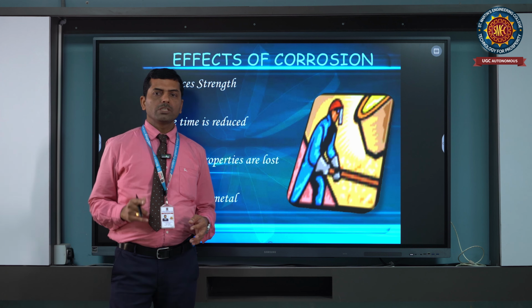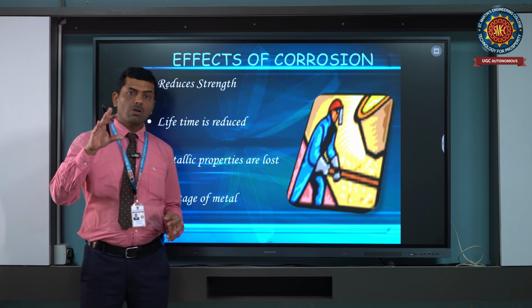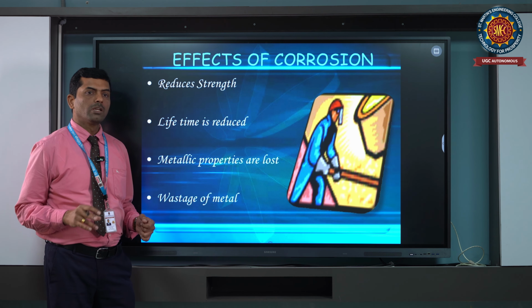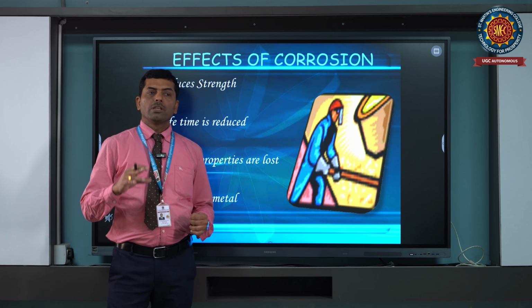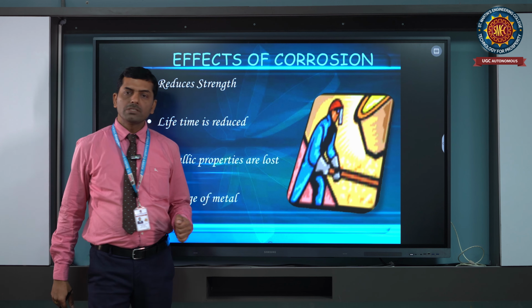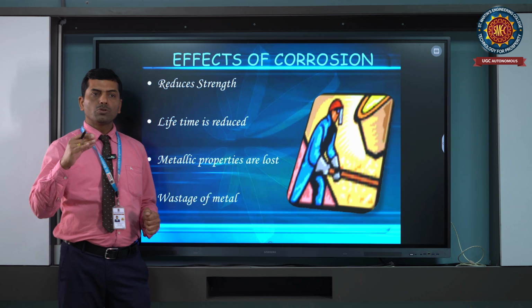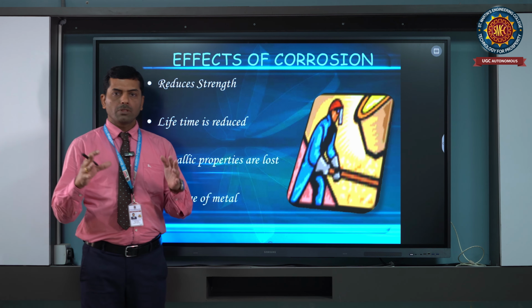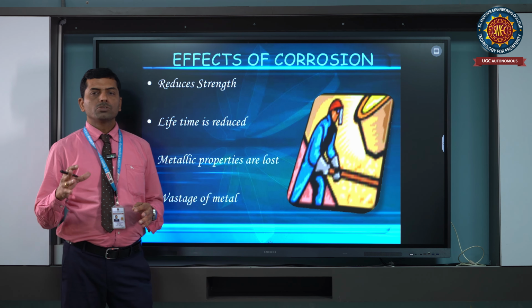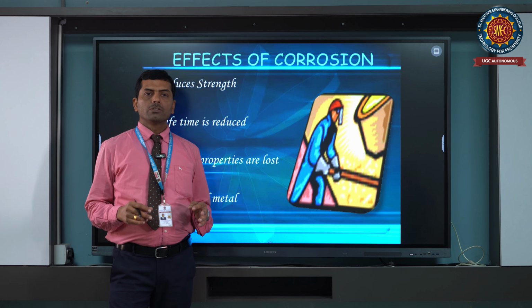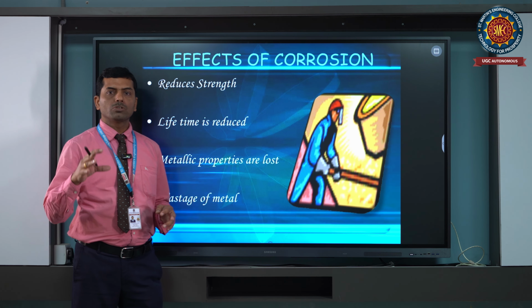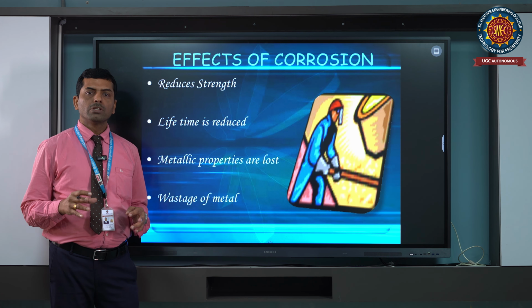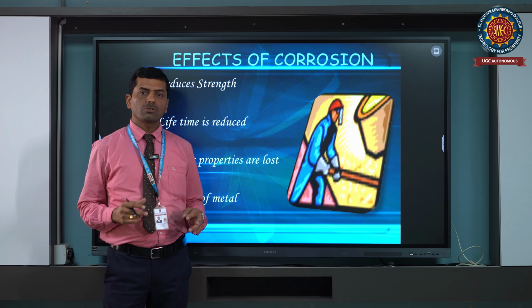The first effect is deterioration, where the cost and appearance of the metal are lost. There is a major process going on. Next, the efficiency of the metal is reduced due to the loss of mechanical strength. We can see this in pipelines kept underground, which get blocked, boilers get damaged, and water pumps get stuck.